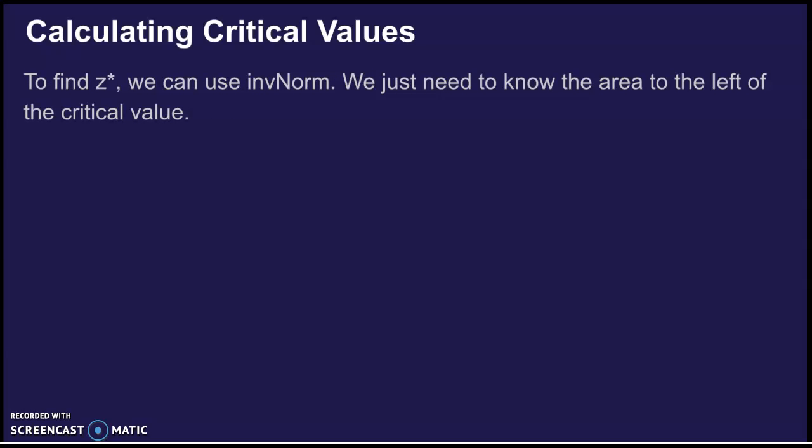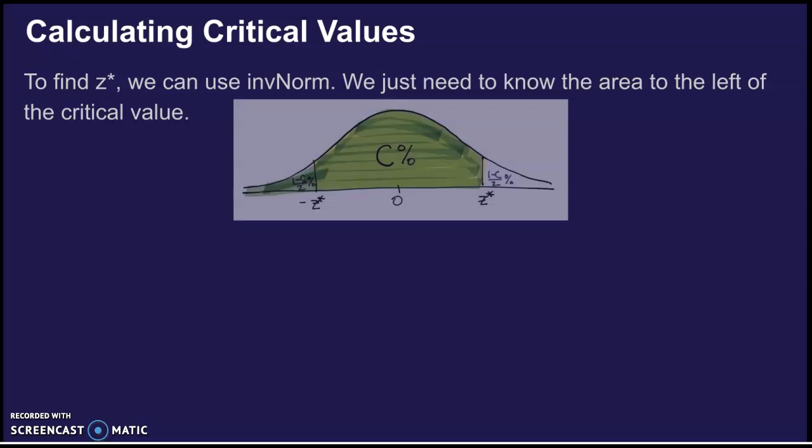All right, so to find z star, we use inverse norm. That's in the distributions menu in your calculator, in the same place you find normal CDF and binomial CDF, etc. We just need to know the area to the left of the critical value. So you can use the one up at the right, or you can use the one on the left, because once you get the value, you're going to add and subtract it.